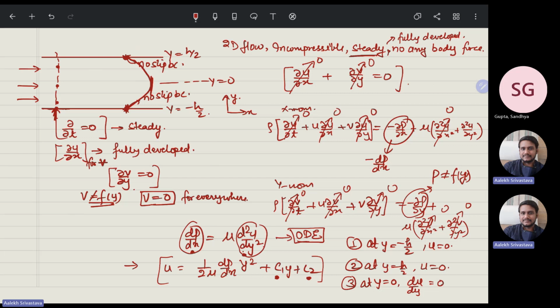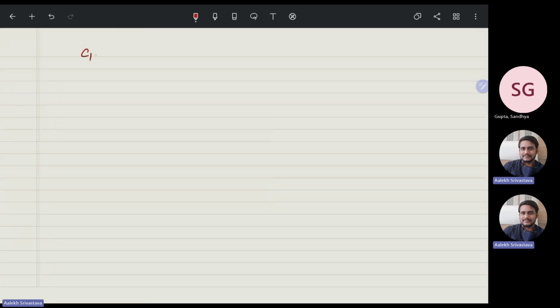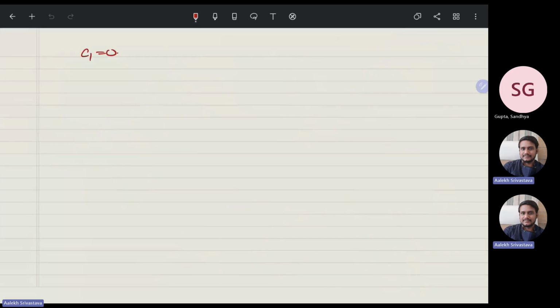So let me solve this thing. If I say y equal to 0, if we take the gradient, here is y, but this component is not there. So the first thing that comes is c1 is equal to 0. Now the second thing is, if I say at y is equal to h by 2, u is equal to 0.